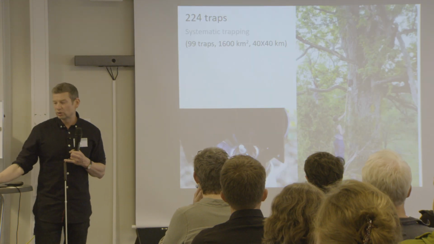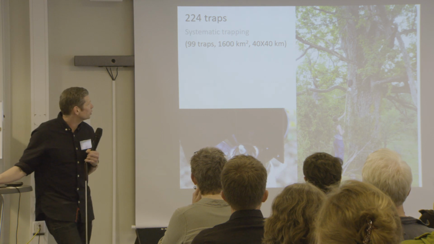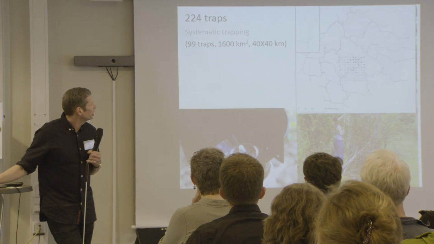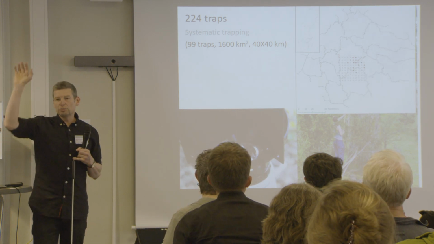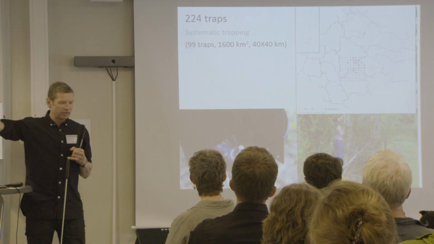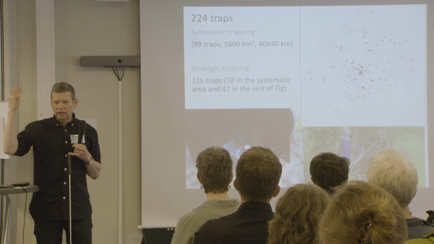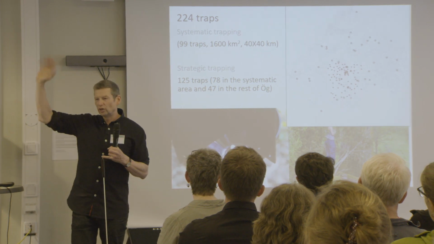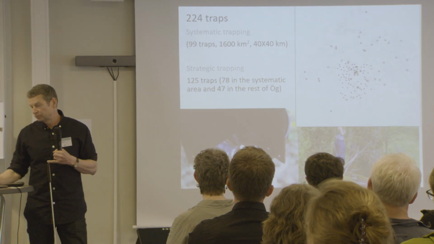So we went out with 224 traps in the landscape. We did something we called systematic trapping, just putting traps all over the landscape, wherever. And then we did some strategic trapping also in some of the hot spots and in some of the really low quality areas. So we had quite a good cover of different types of landscapes here.